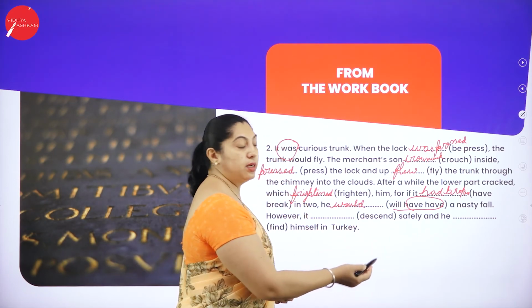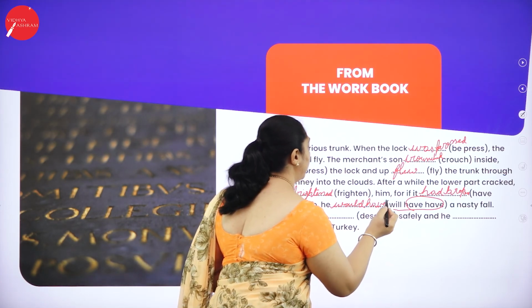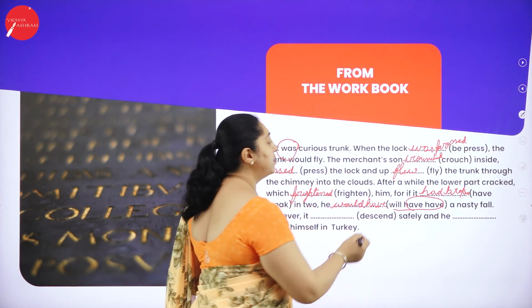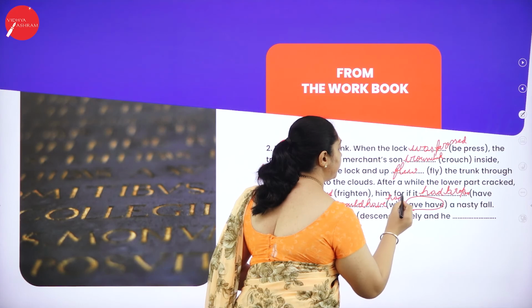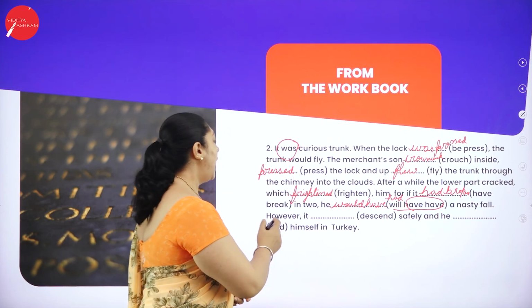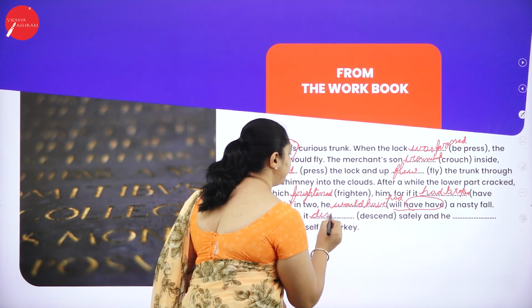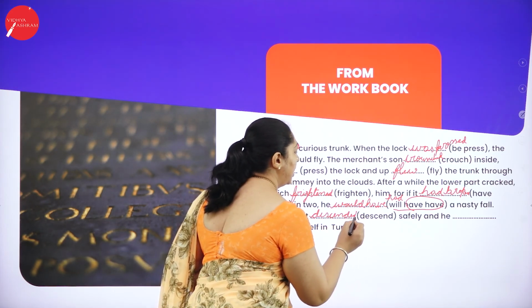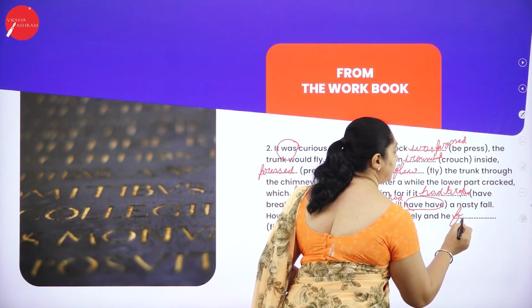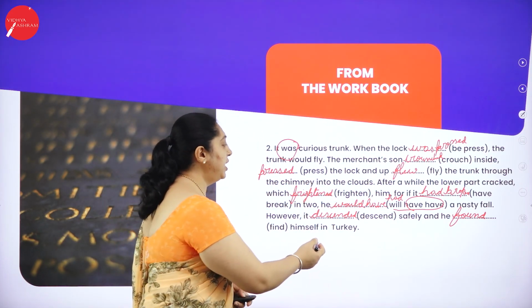Would. And here in these two haves, one have will remain the same. He would have, another have becomes had. He would have had a nasty fall. However, it will become descended. Descended safely, and he found himself in Turkey.